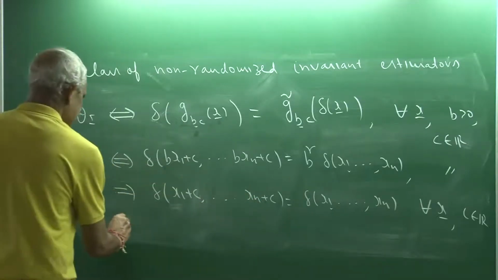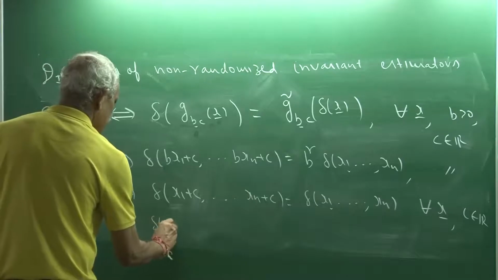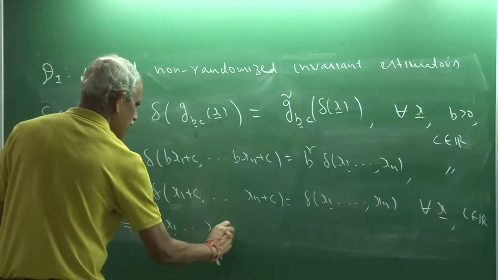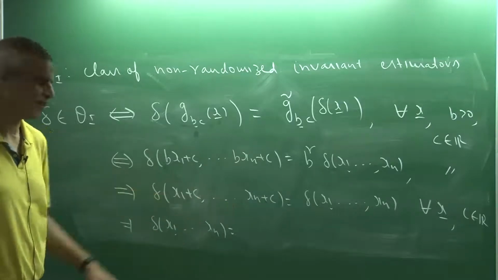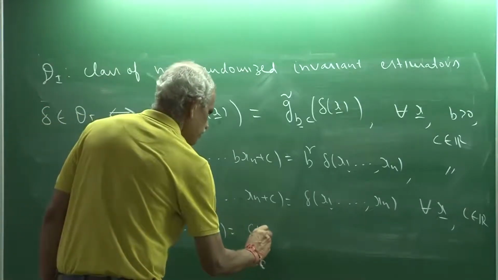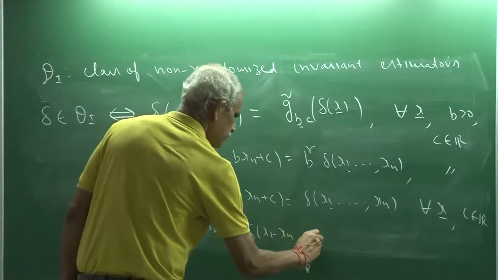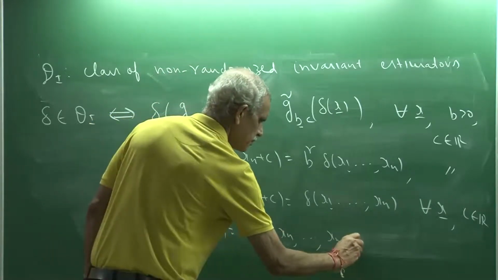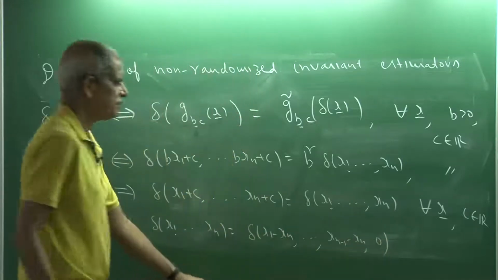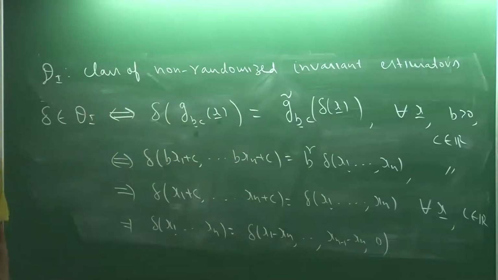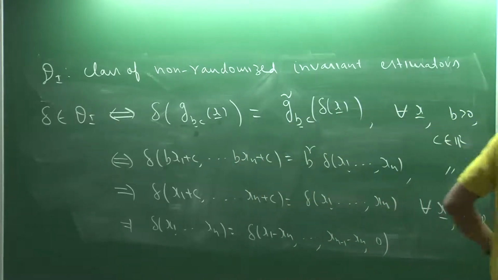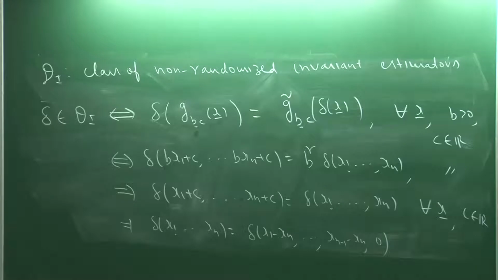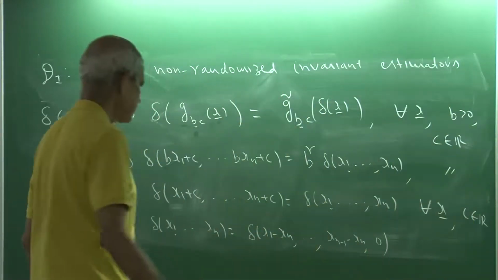So this implies that delta of x1, x2, ..., xn is the same as delta of x1 minus xn, ..., xn minus 1 minus xn, which is some function of x1 minus xn, x2 minus xn, and xn minus 1 minus xn.